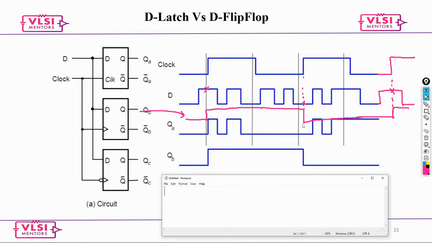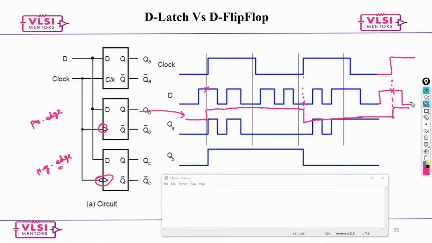Now the next one is negative edge triggered. This is the positive edge triggered flop, and this is the negative edge triggered flop.